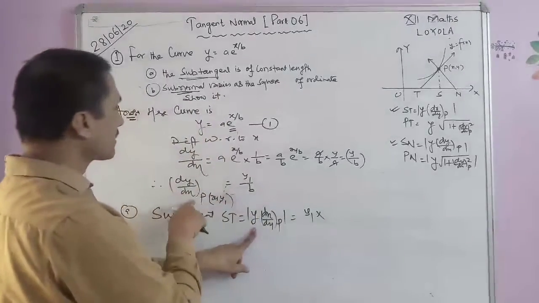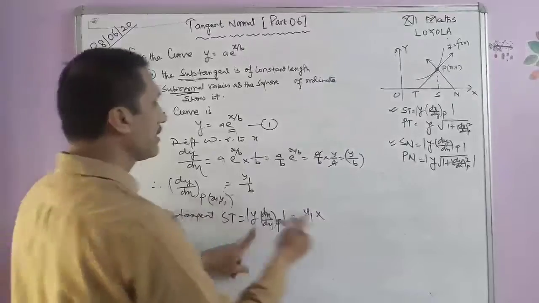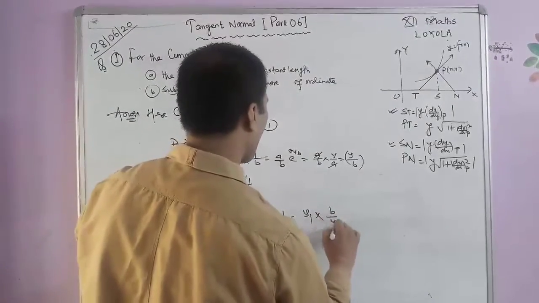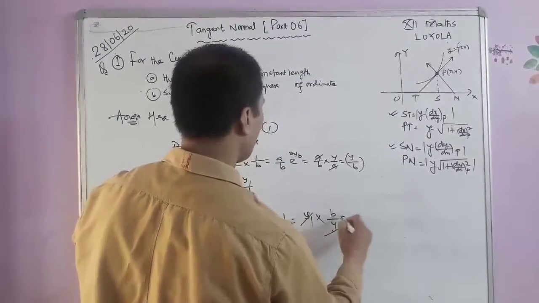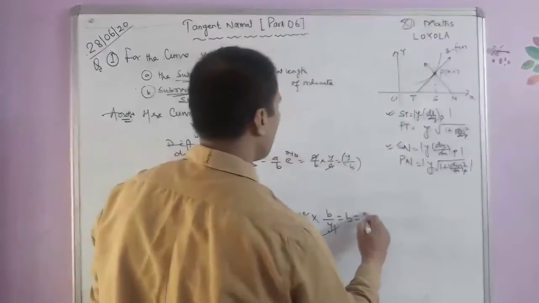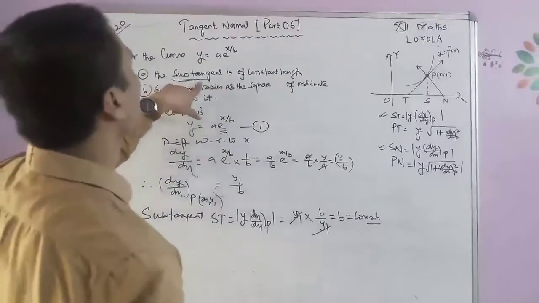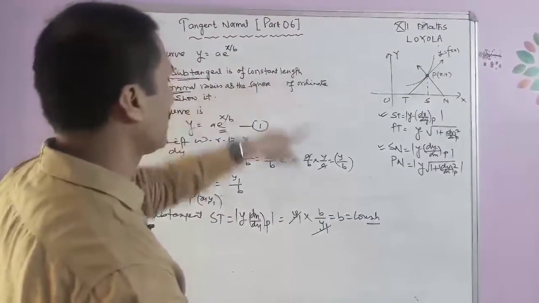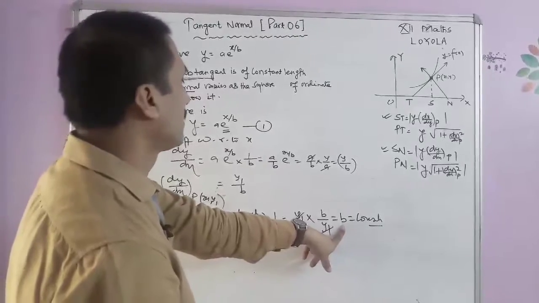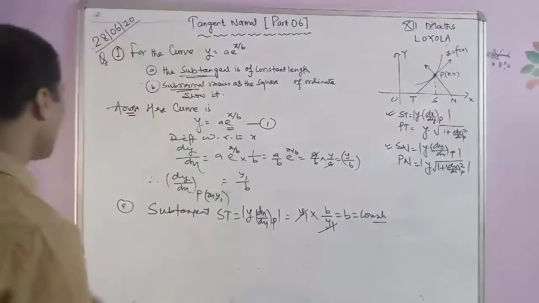Here dy by dx at point P is y1 by b. So dx by dy is b upon y1, cancelling this, it will be equal to b, which is constant. So in the first part, the subtangent is of constant length. The first part is shown here.